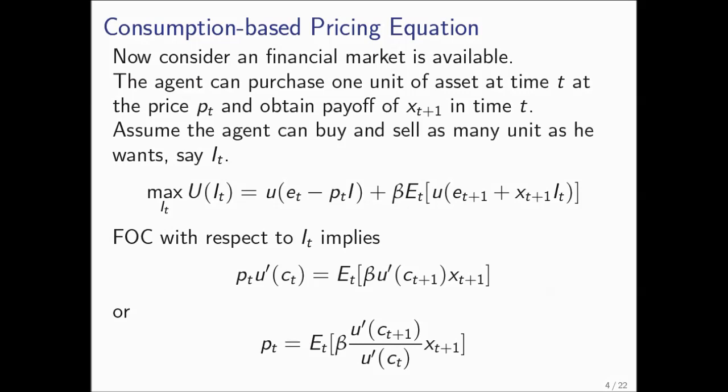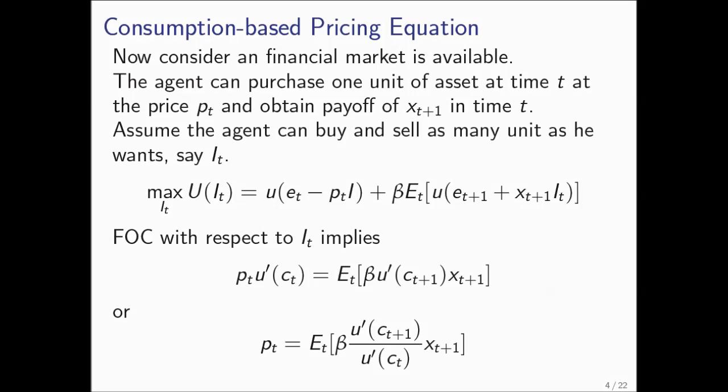Then the utility of the agent, you can replace the consumption: e_t is the original one, but now they do investment, so it's minus p_t times i, and in the future it will be x_{t+1} times i_t.